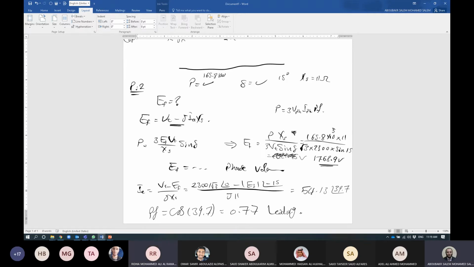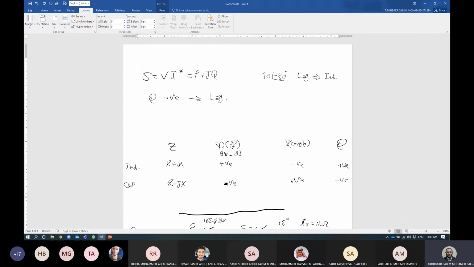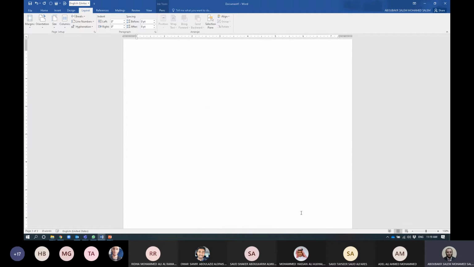When it's under excited? Exactly. This is a synchronous motor. A synchronous motor can work at any power factor: leading, unity, or lagging. It's possible. It's very important to note that the power factor can be changed for synchronous motors.